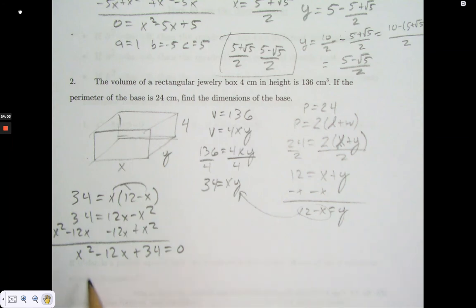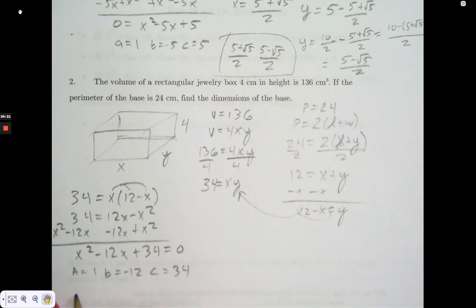And then at that point, right, we would see if we could factor it. Well, we can't. It's not one that you can just factor down. So then that means we have to do the quadratic. So a equals 1, b equals negative 12, c equals 34.